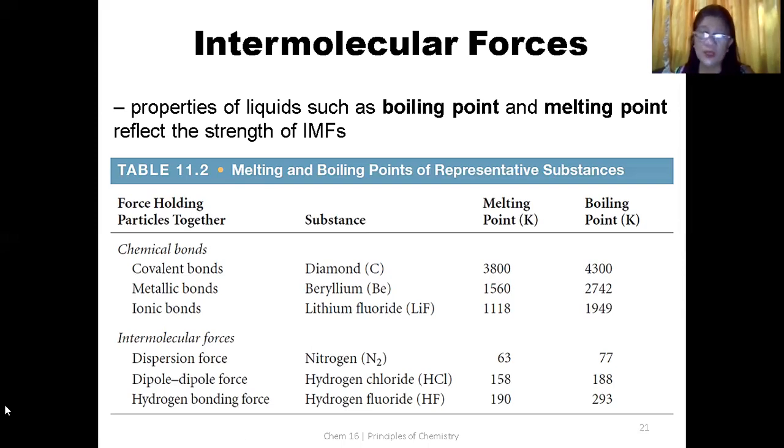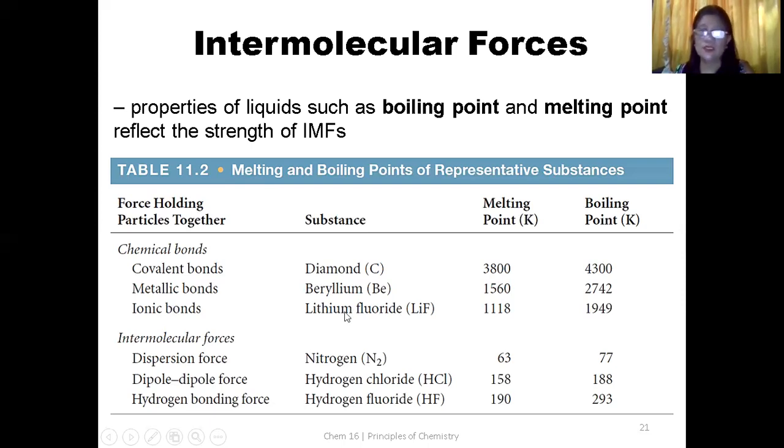Hydrogen bonding will form if there is hydrogen and oxygen in a molecule, or hydrogen and a halogen. In most cases, it is hydrogen and oxygen, or hydrogen and halogens. What are halogens? That is chlorine, fluorine, bromine, iodine.